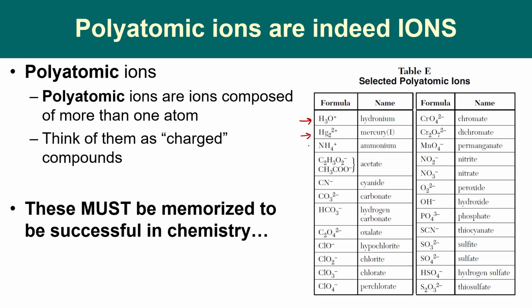They're kind of like charged compounds, because you'll notice that each of them will have a charge that's here. And the value of the charge varies based on the atoms that are bonded together. We're going to cover a lot of that when we get into bonding, but in the meantime, for now, it is all about memorizing the formula, the name, and the charge to be successful.